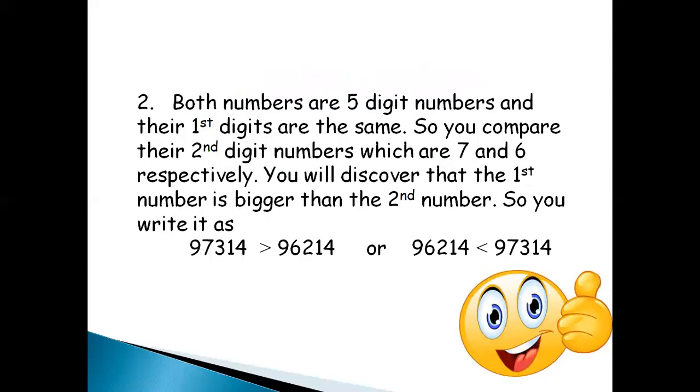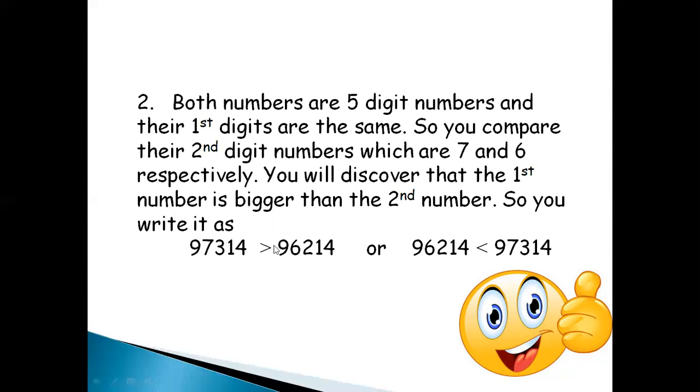Okay, let's look at example 2. This is 97314 and 96214. So we want to use the same method we used for the first example. This is 9, this is 9. That means the first digits for both numbers are the same.